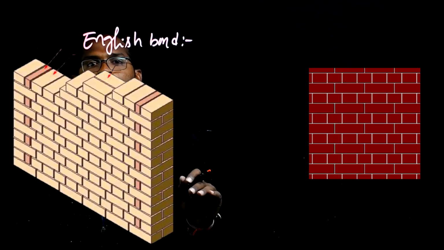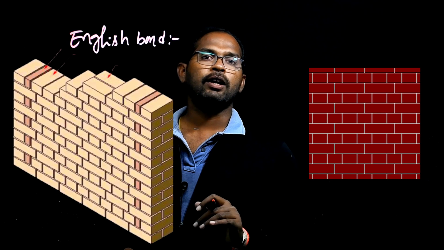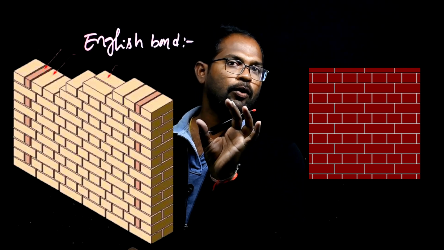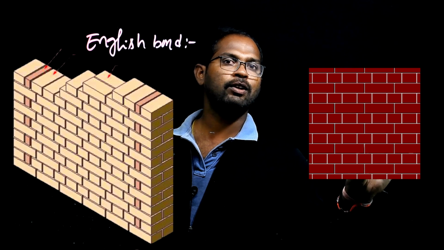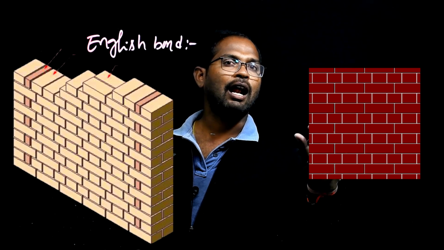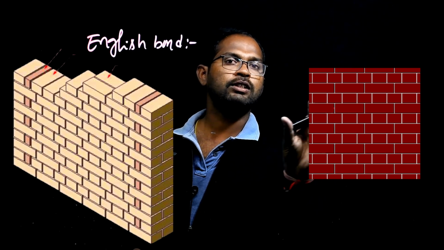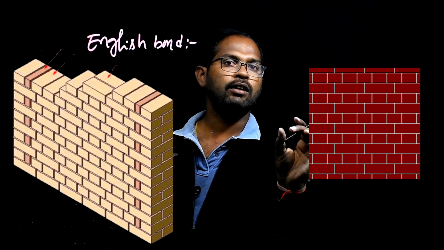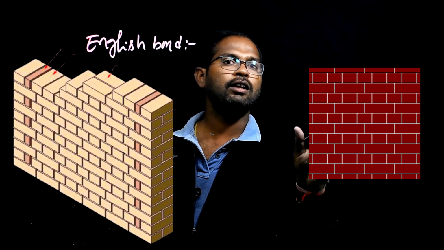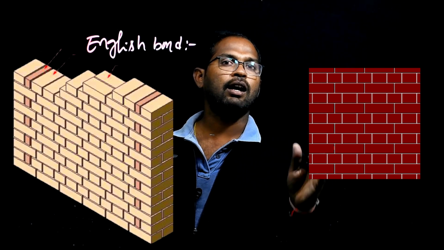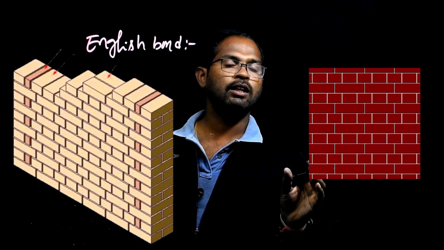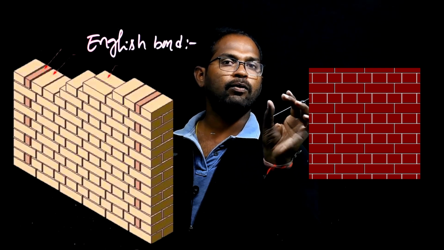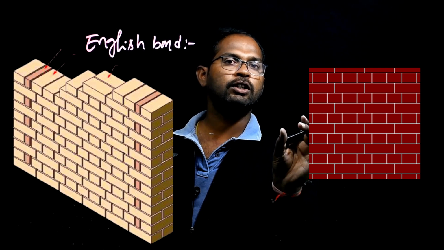Okay. So English bond. In this English bond, the brick arrangement will be one course of stretchers arranged and alternatively header courses arranged. In order to avoid the alignment of the vertical joints, in header course, after one header a queen closure will be placed.